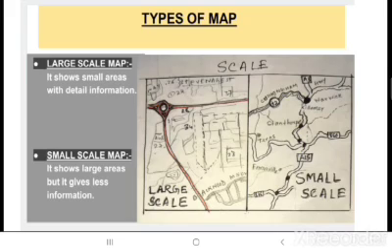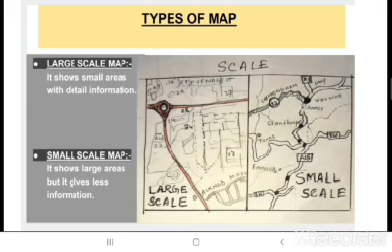To make it more clear, let me give you a relevant example. Let us take your own school. When you are provided with a sketch of your school map and you are asked to point out where your class is, can you give me detailed information? No, you can just point out which floor your class is situated on, which part of the school building.